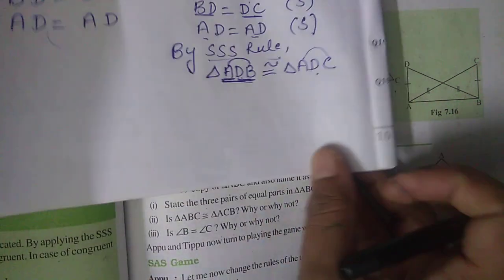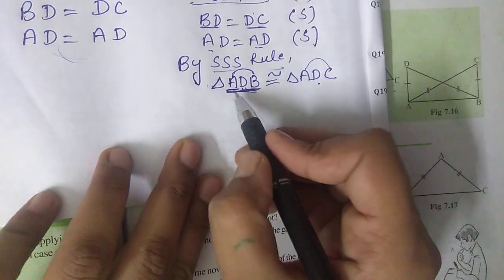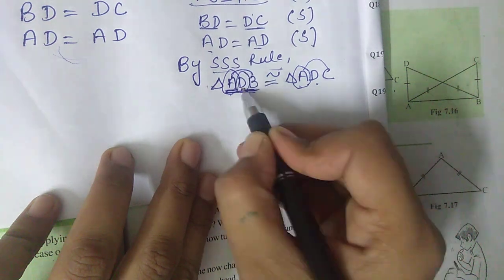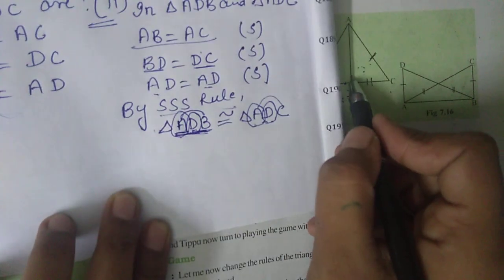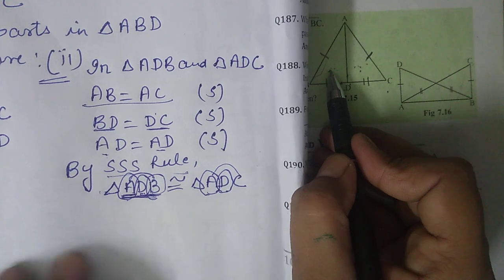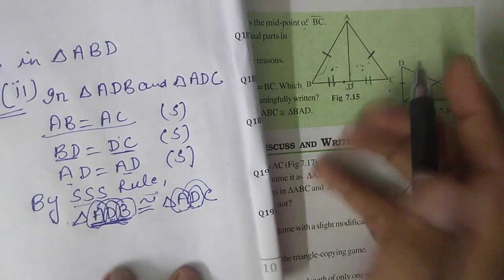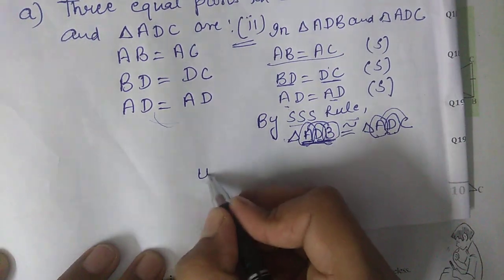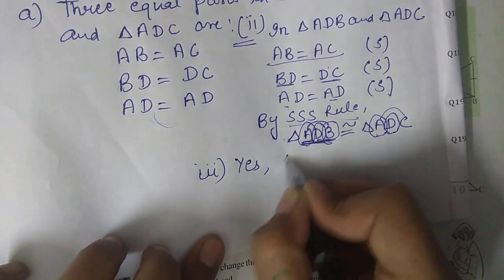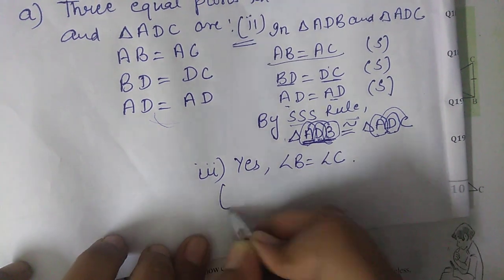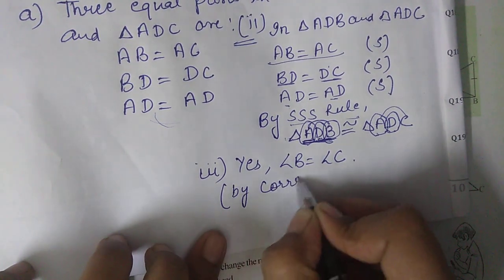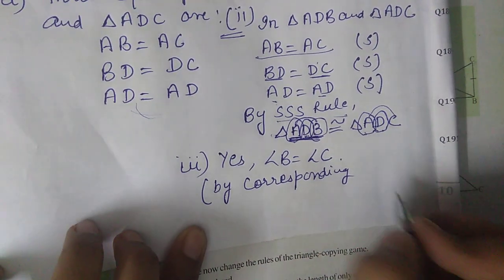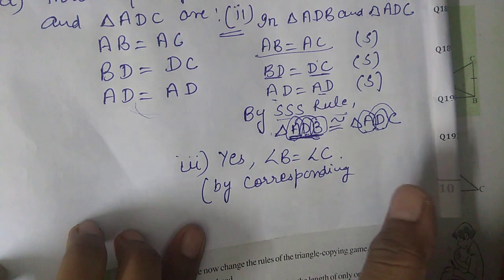As I have written this symbolic form, it means angle A of this triangle must be equal to angle A, angle D of this triangle must be equal to angle D of this triangle, and angle B of this triangle must be equal to angle C, because these are the corresponding parts. Okay, so how will you write? Yes, angle B is equal to angle C by corresponding parts of congruent triangles, because we have already proved that they are congruent, and these are the corresponding parts.